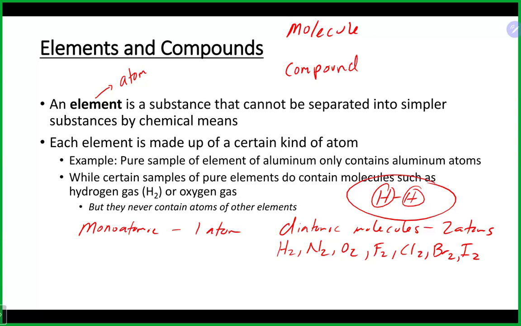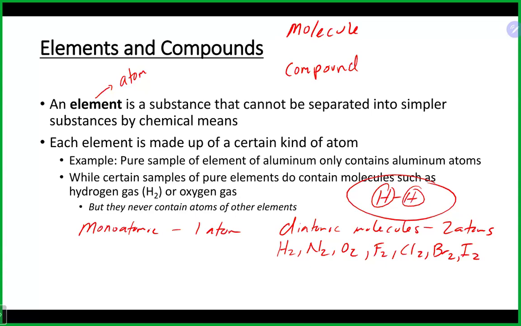So obviously an element is made up of just atoms of that particular element. And by the way, speaking of the elements on the periodic table, just so you know, if you have any of those elements that are by themselves, not combined with anybody else, they do not have charges or anything like that. So they are neutral. They usually come as ones, except for those guys that come as twos. There's no charges.